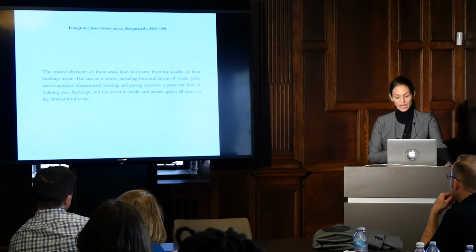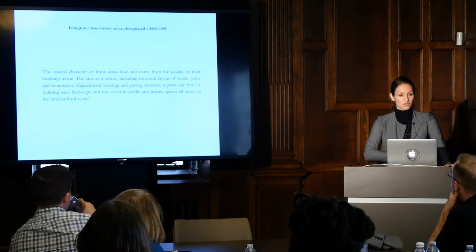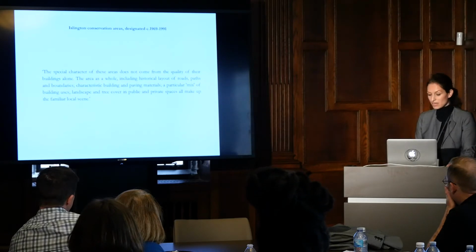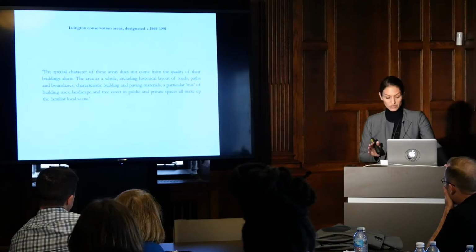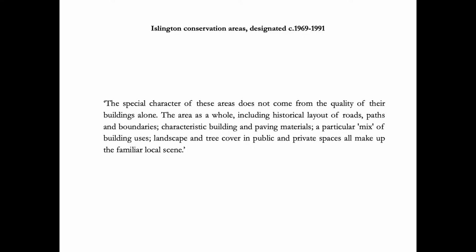So in Islington, it's not necessarily representative of all the UK cases, but in that particular area, the local council was interested in preserving and protecting not only the buildings alone, but also the characteristics of the layout of roads, of the paving, of the kind of uses, the interfaces, the tree lines, everything that makes up the local familiar scene.